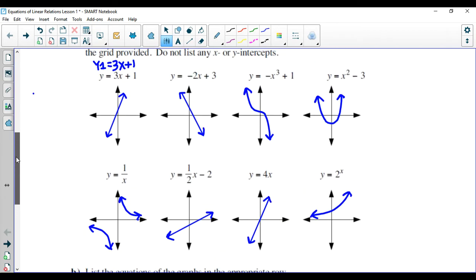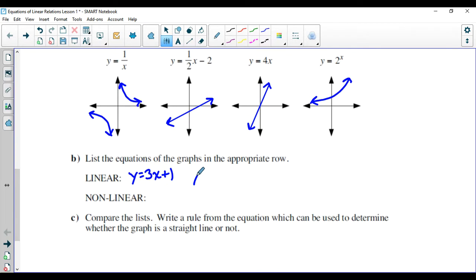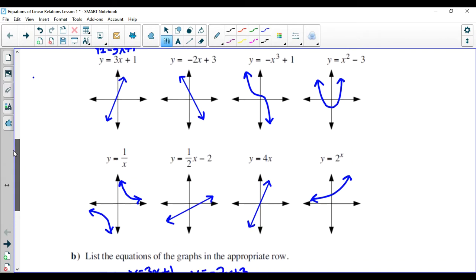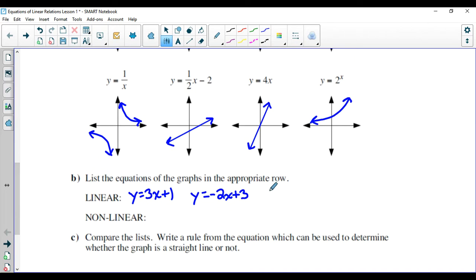You have the second graph, which is y equals negative 2x plus 3. You have the 6th and 7th graphs. So you have y equals 1/2 x minus 2, and then you have y equals 4x. Okay, those ones are all linear.